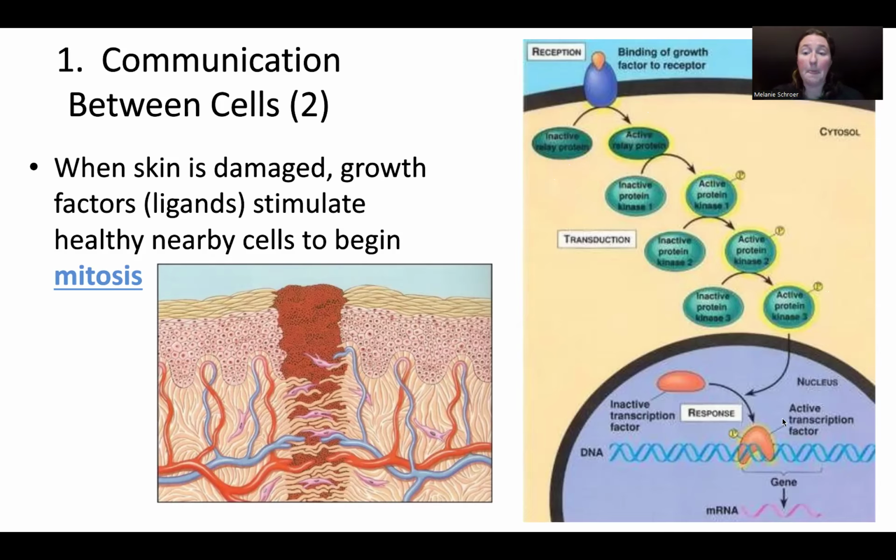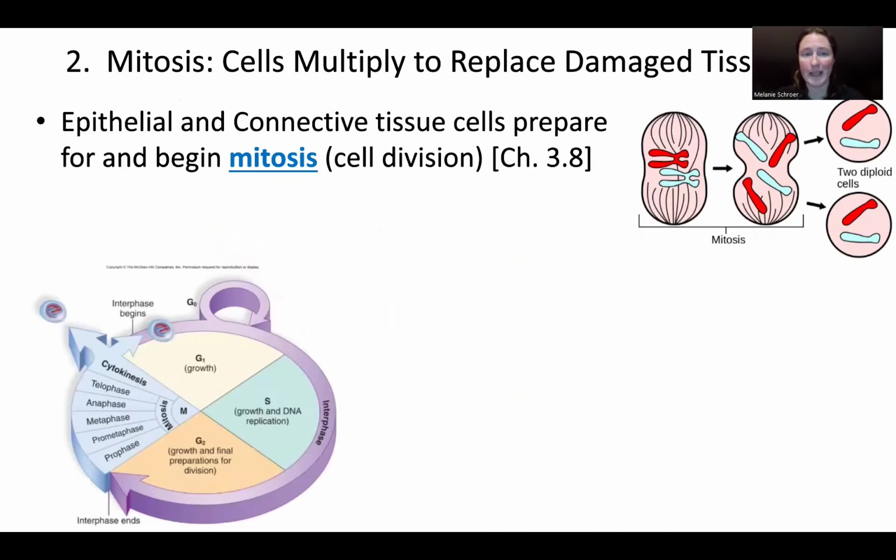Okay. The pre-programmed response here would be to turn on genes, to activate genes that are involved in the process of mitosis. Okay, so starting to prepare for the process of cell division. Again, we need to make more cells to fill in that gap.